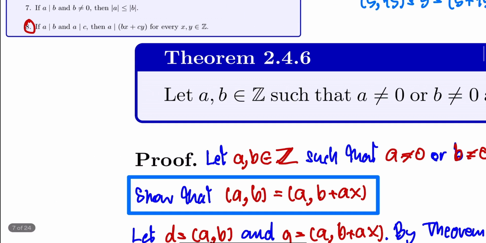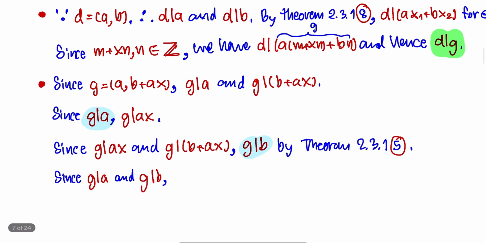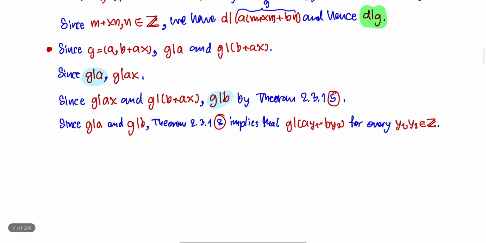By this property again, when G divides both a and b, Theorem 2.3.1 property number 8 implies that G divides a, let's use y1 plus b y2, for every integers y1, y2. Alright, so that's what we have right here.